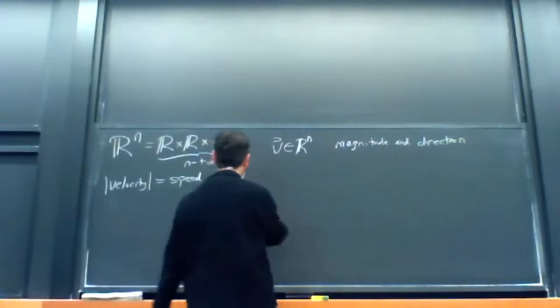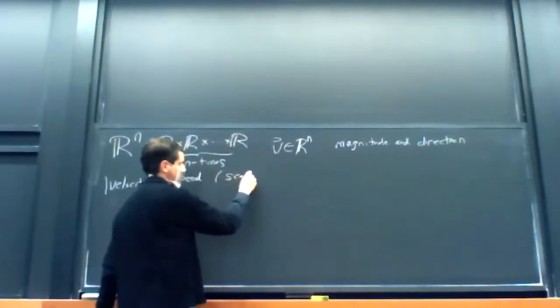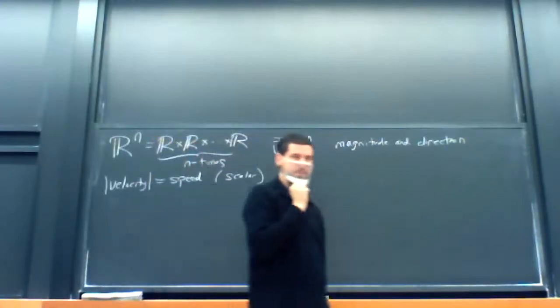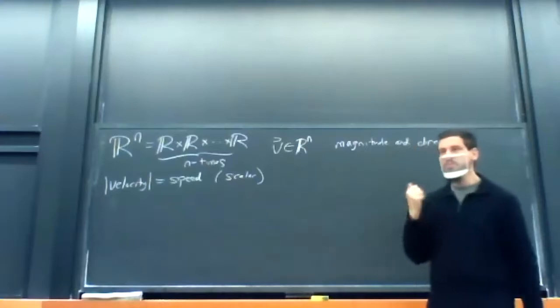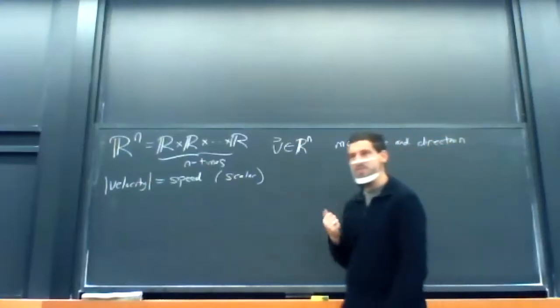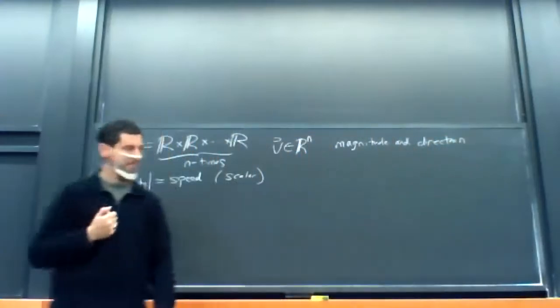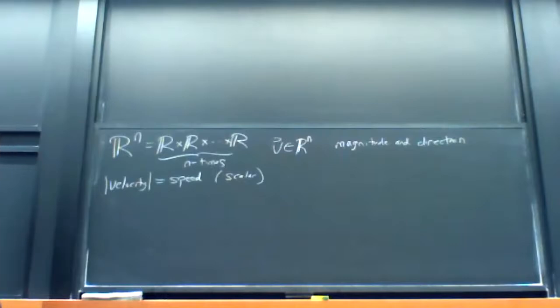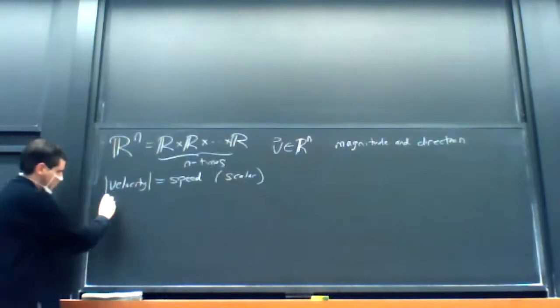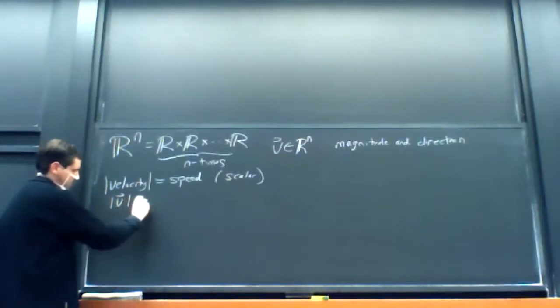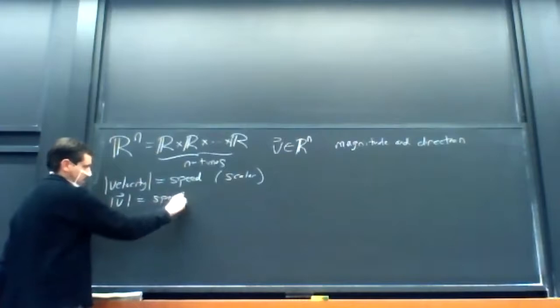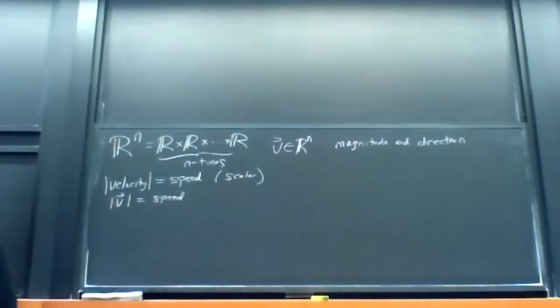This is going to be a scalar. So it's just a number. And for us, the scalars will mostly be the real numbers. Occasionally, they'll be the complex numbers. Do you like this notation? Absolute value of v equals speed.